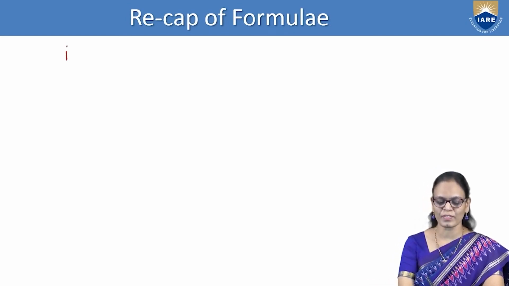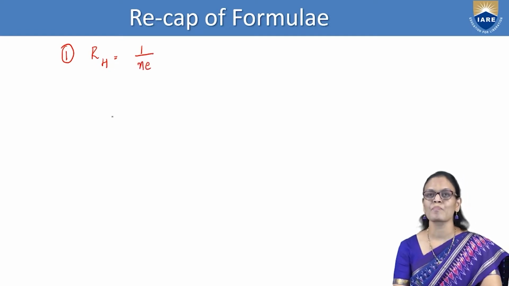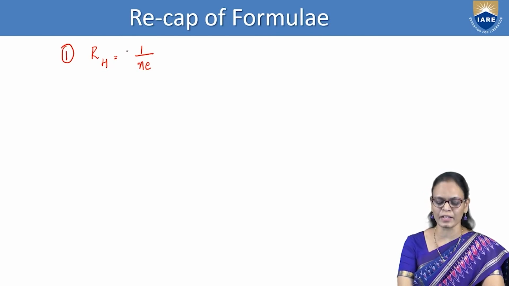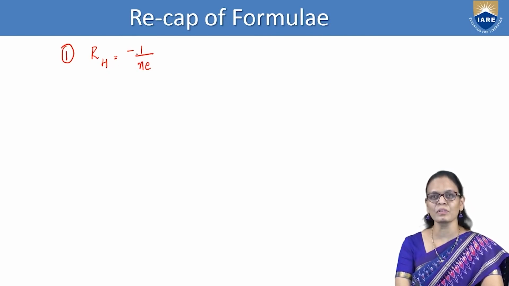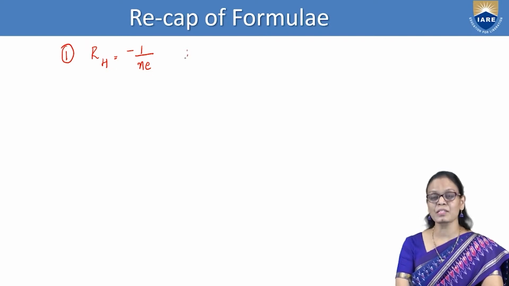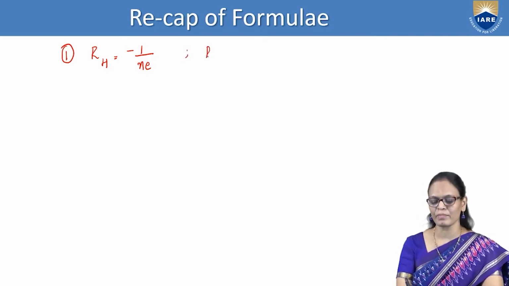The first one that we are going to use is RH is equal to 1 upon Ne. If I am talking about electrons as the charge carriers, we have RH is equal to minus 1 upon Ne. And if it is due to holes, we have RH is equal to 1 upon Pe.